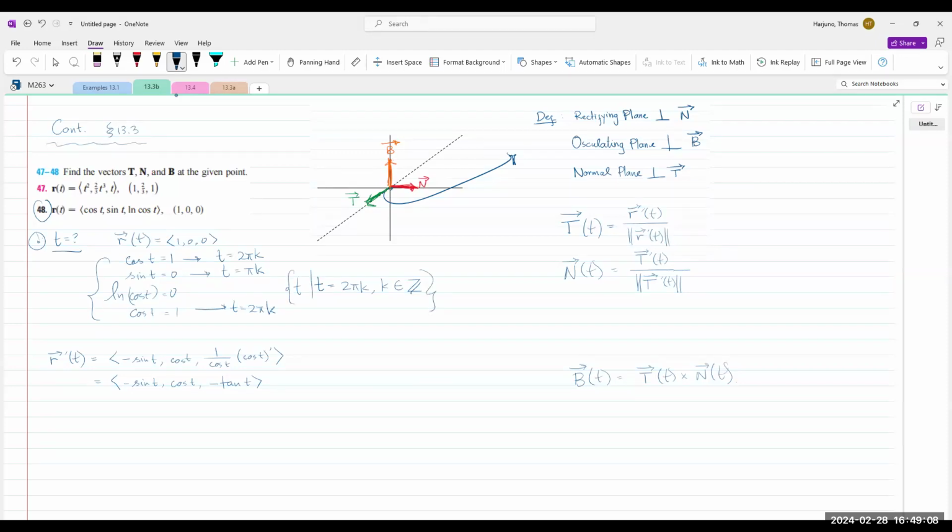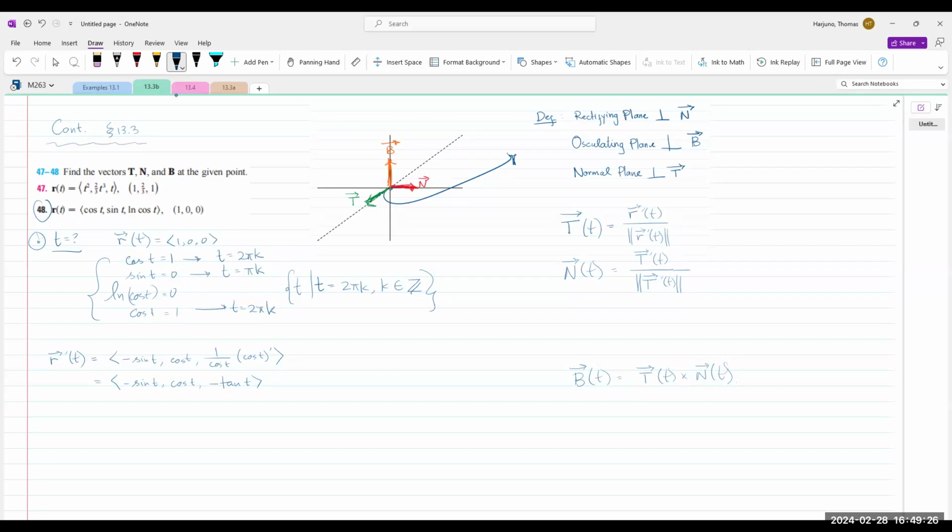We may say that t equals 0, but actually it's multiple values. There are a lot of times t that give us that coordinate.